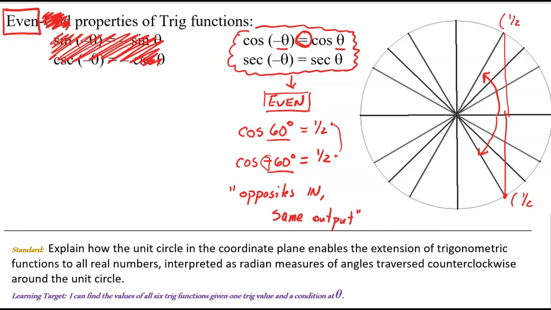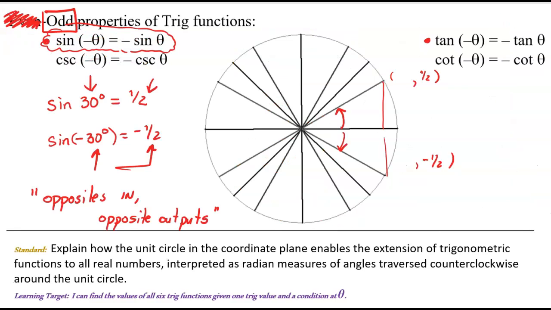So negative 60 and 60 for cosine, an even function, both give you the same. Okay? So, all that to say, sine and cosecant are odd functions. Tangent and cotangent are odd functions. And only cosine and secant are even.